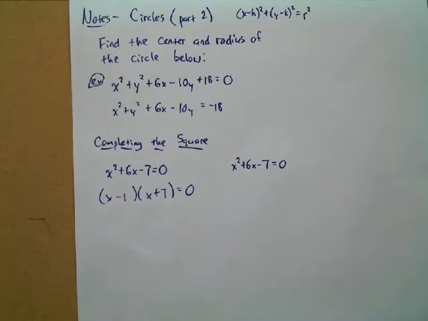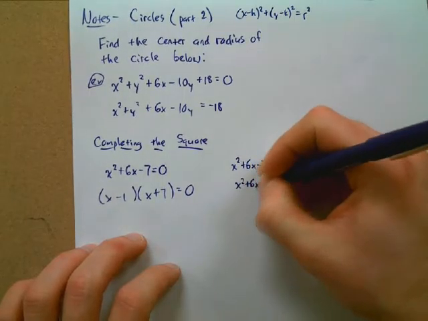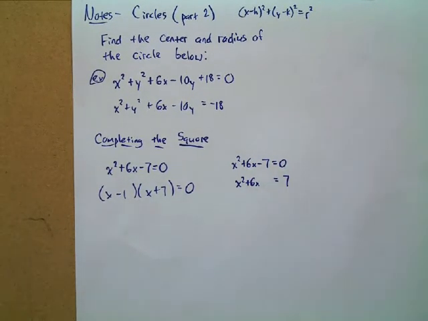Let's try it that way and leave a little bit of space right here. So we're going to add the 7 to both sides, but leave some space.